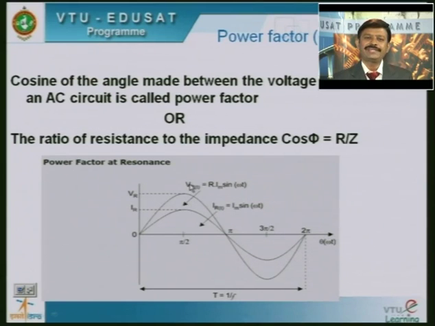Voltage and current both are on the same axis. They are meeting here on the 0 axis, and both are in phase with each other. Phase angle will obviously be 0 and power factor is unity.